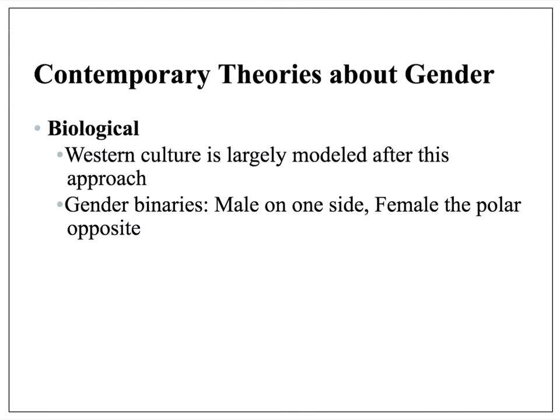I'm going to share 3 contemporary theories about gender. The first is the biological theory, and our Western culture is largely modeled after this approach. This is probably the gender theory that you are most comfortable with, and that there exists in the quote-unquote natural human order that there are gender binaries, that there is the male on one side, and that the female is the polar opposite, that gender is based on one's sex.